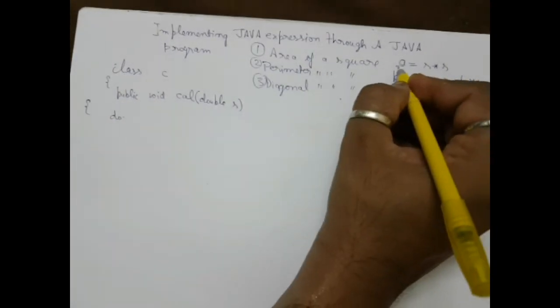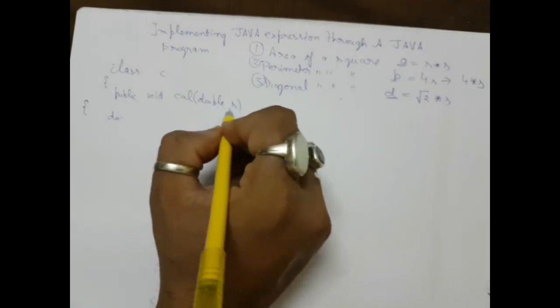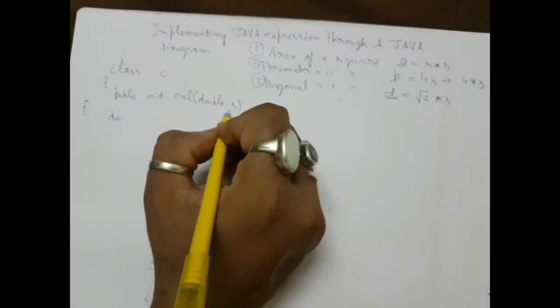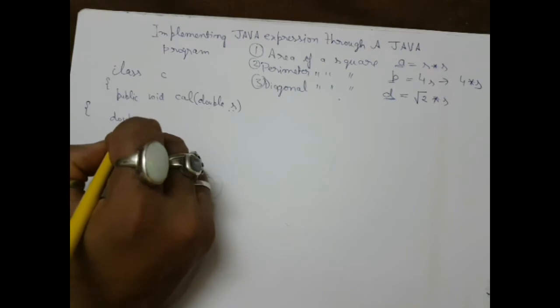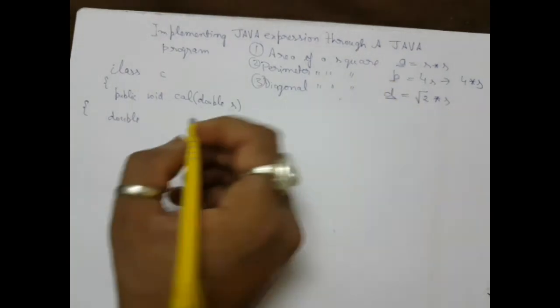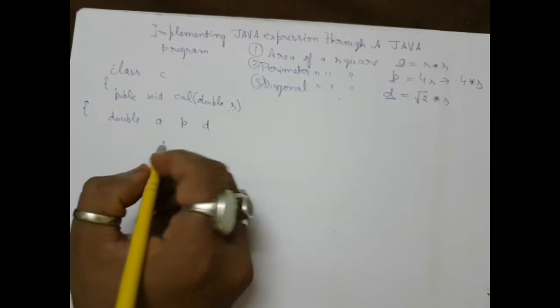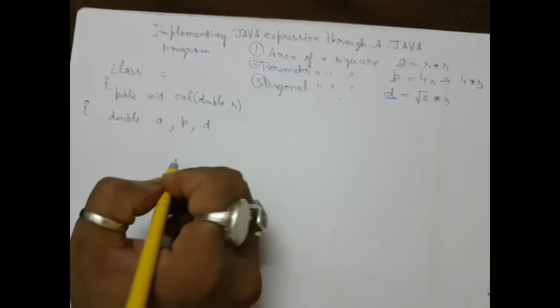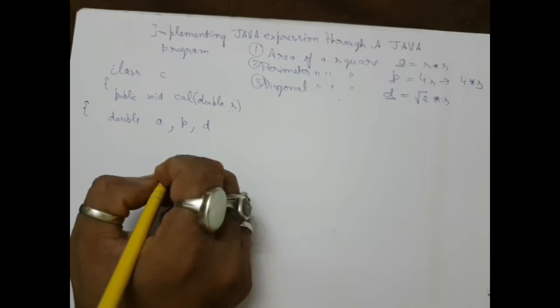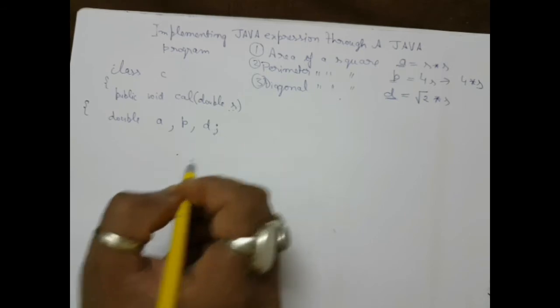I will declare variables a, then p and d. s is already there, and it is mentioned that it is of double type. So I take the data type double for all of these, so there is no data type mismatch. So I take a variable a, then I have p, and then I have d. Then separate them using comma, and then the entire statement will be terminated with a semicolon.